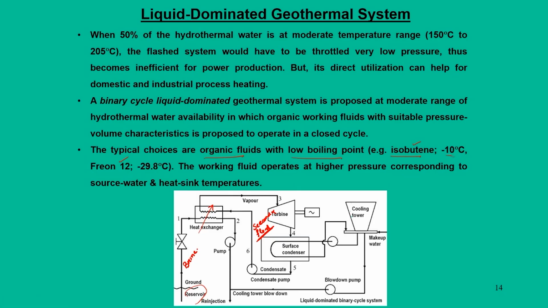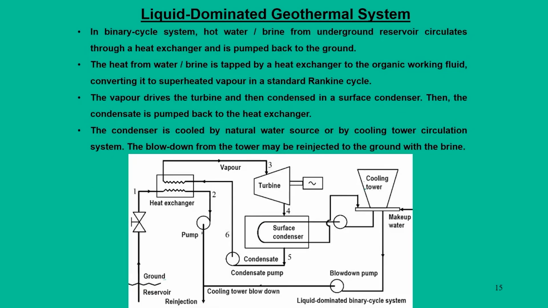Through these fluids we can operate at relatively high pressure corresponding to source water and heat sink temperatures. So, a liquid dominated system uses a secondary fluid, and we call this a binary cycle. Other parts are almost similar, because it also follows the conventional Rankine cycle for power generation.